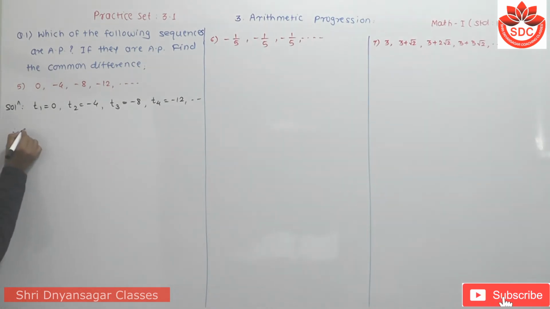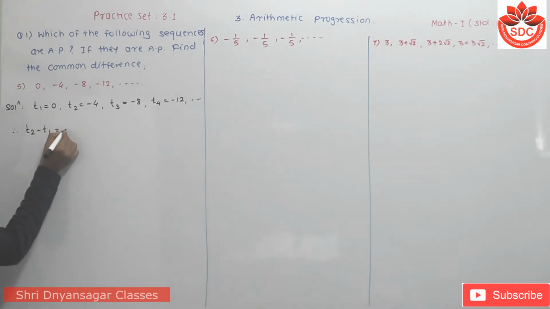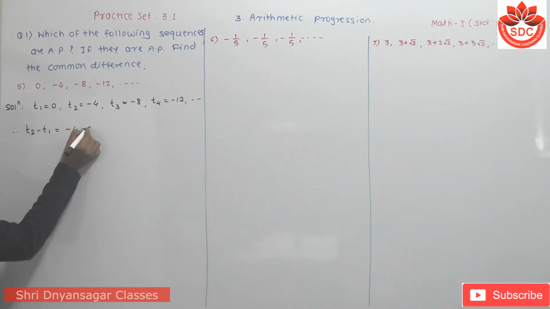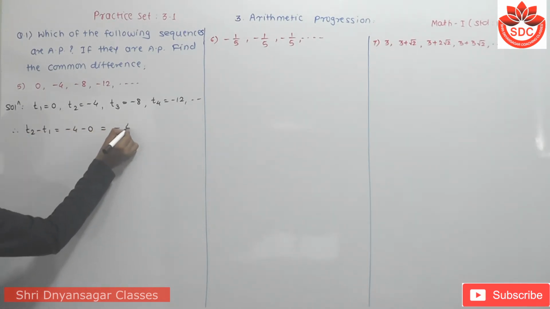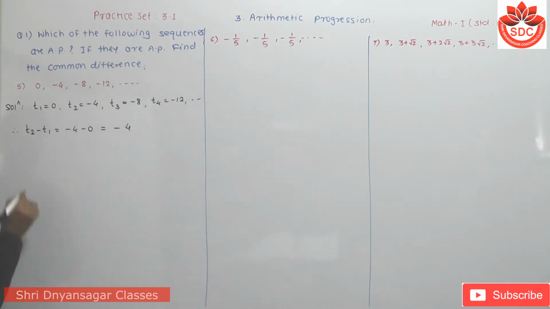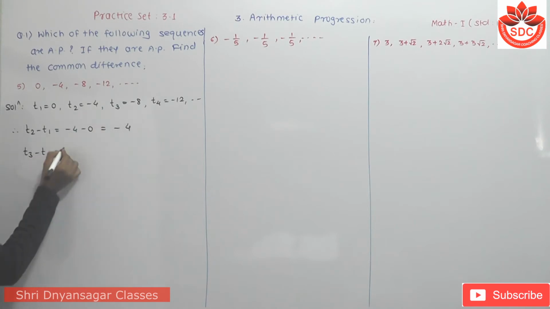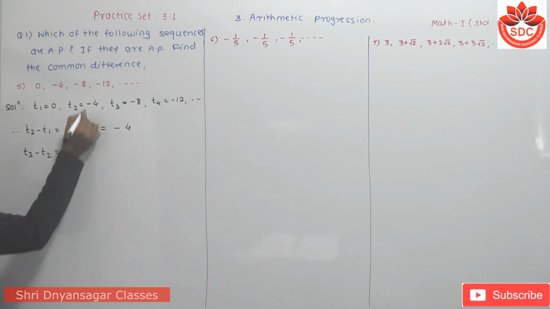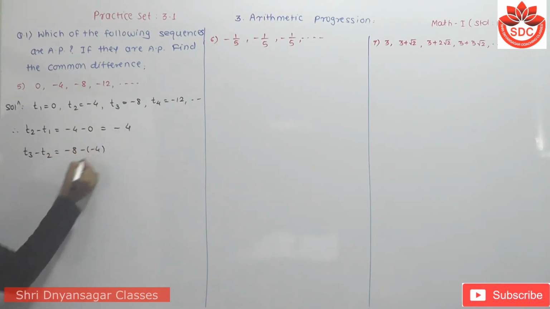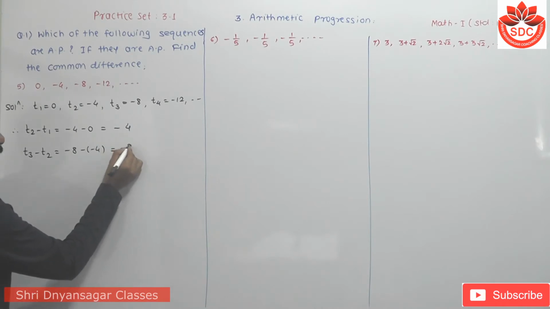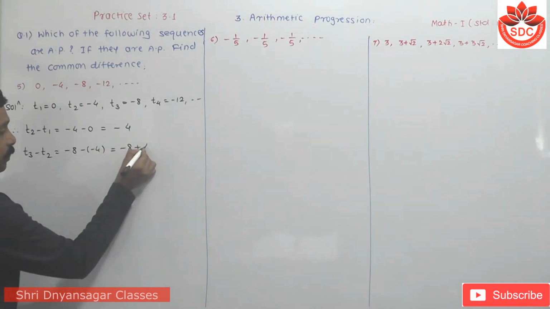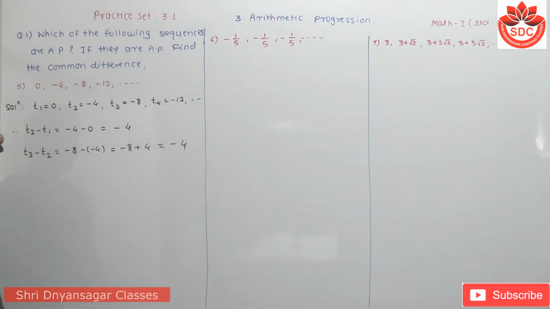Then the difference between any two consecutive terms: T2 minus T1 is equal to minus 4 minus 0, it becomes minus 4. Then T3 minus T2, T3 is minus 8, minus T2 which is minus 4, then it becomes minus 8 plus 4, which becomes minus 4.